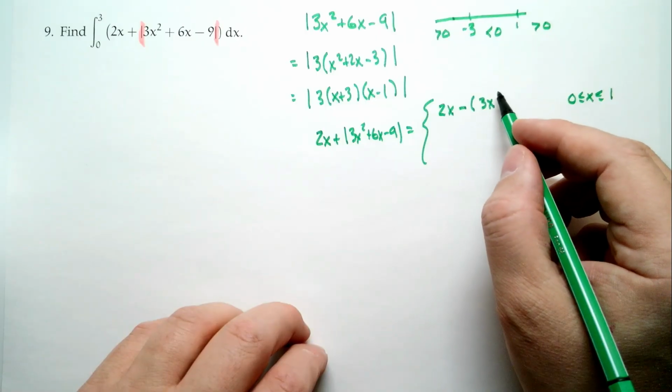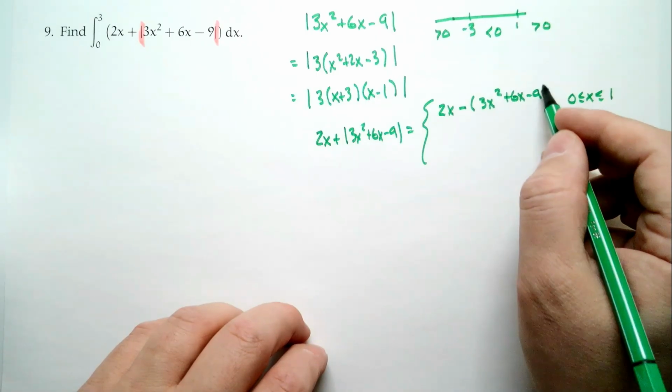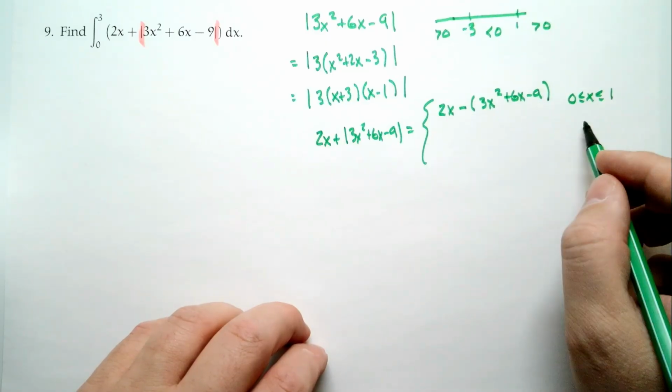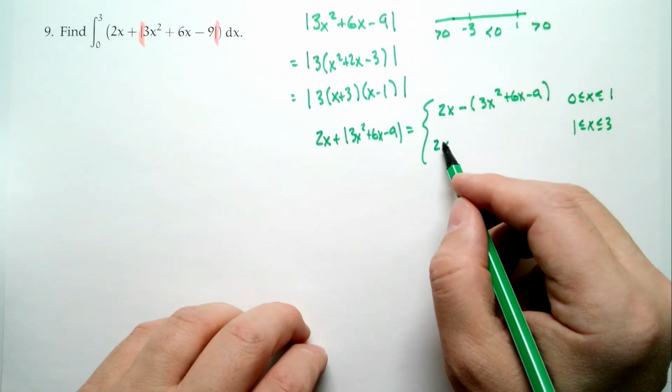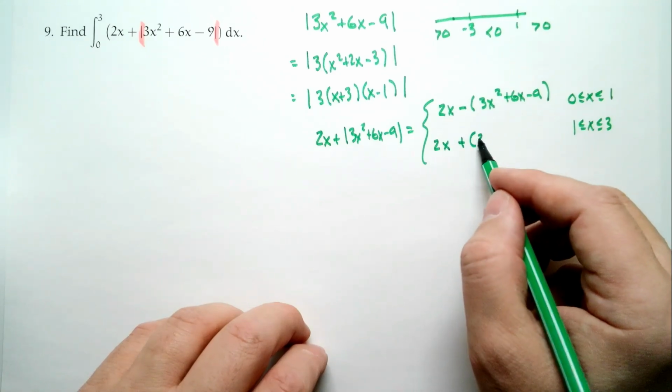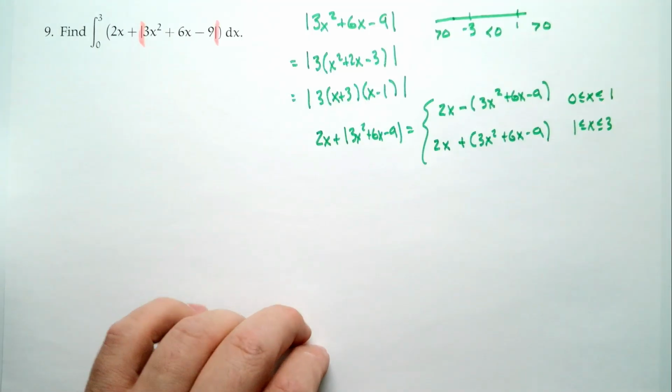So 2x minus 3x squared plus 6x minus 9. Between 1 and 3, the expression on the inside is positive, so we'll just add it and then we'll drop the absolute value, 3x squared plus 6x minus 9.